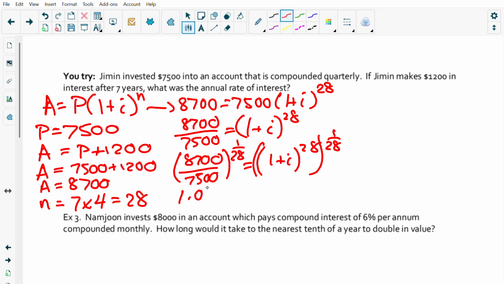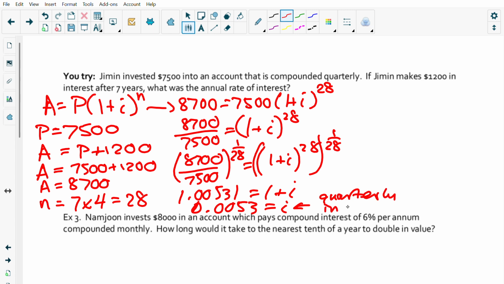Okay, I need to solve for i, so I get 1.00531 equals 1 plus i, and 0.0053 equals i. Okay, remember, this is a quarterly interest rate.